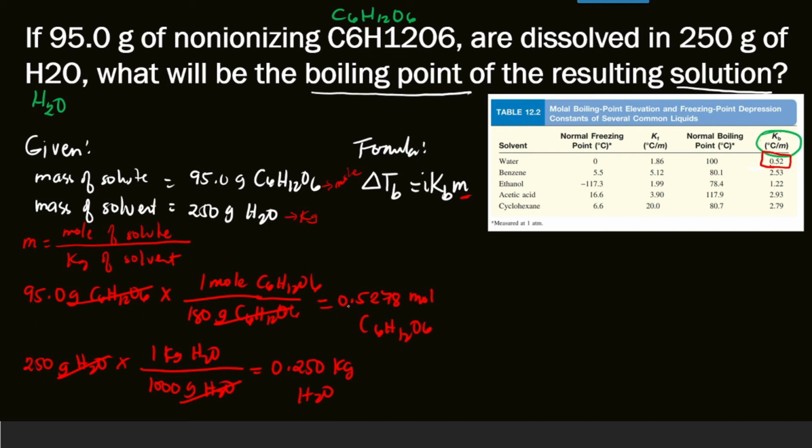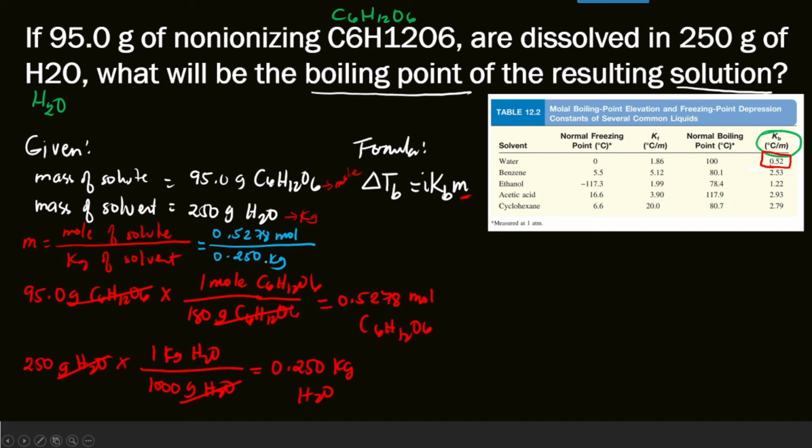So, to get the molality, we compute. Molality is the moles of solute, 0.5278 mole, all over 0.250 kilogram.